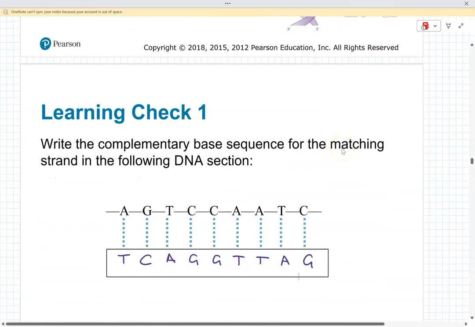Okay, what you just did, you had the entire information in 1 strand. Do you agree with me? And based on that information, you created a 2nd strand because of the base pairing rules, right? Do you follow? So why do you need 2 strands? Okay, why do you need a copy?